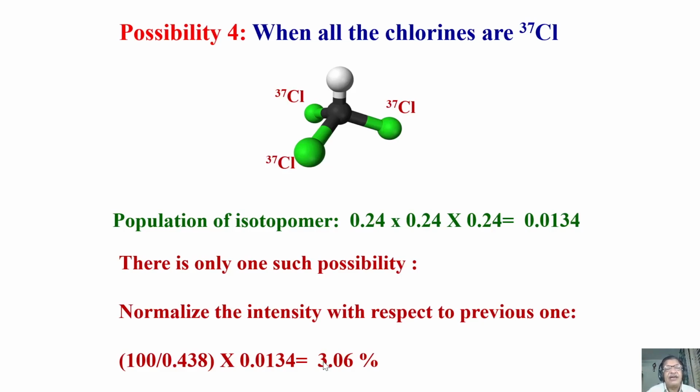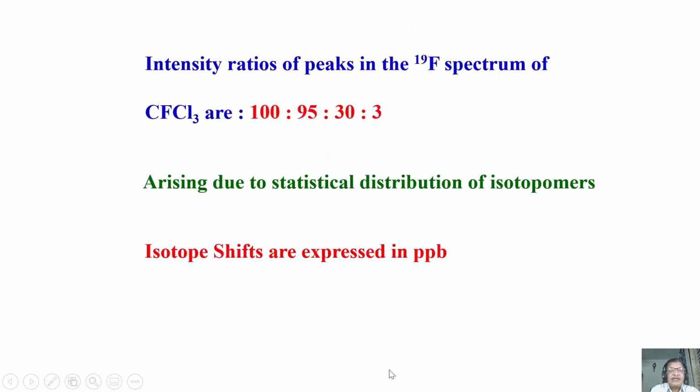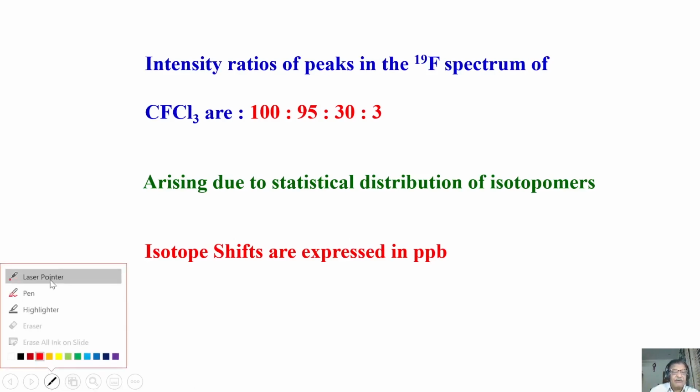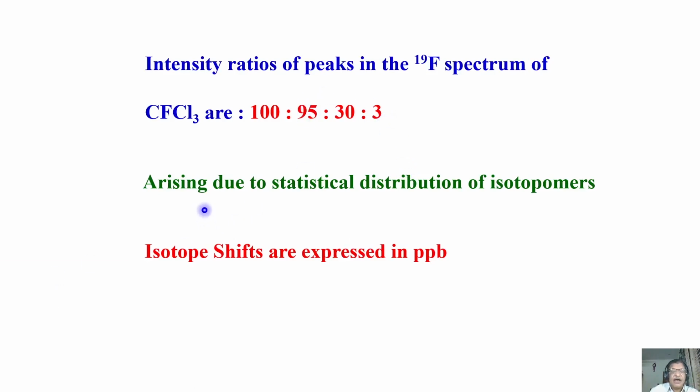When we normalize, the intensity we obtain is 30%. The last possibility, all the chlorines are 37. Only one such possibility. When we normalize the intensity with the first one, it turns out to be 3%. So the intensity ratios of peaks in the 19F spectrum are 100, 95, 30, and 3. So you understand now, this 100, 95, 30, and 3 arises due to statistical distribution of isotopes.